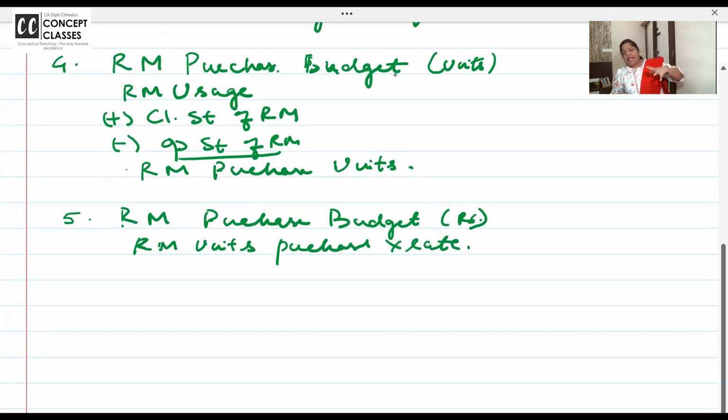Now they will give in the exam that 60% material you are buying in April, 30% in May and 10% in June. As they give, so we do.